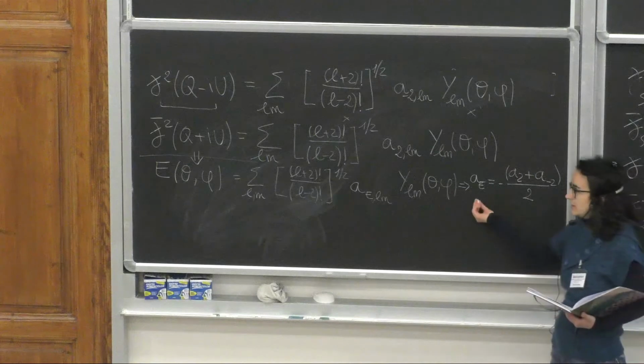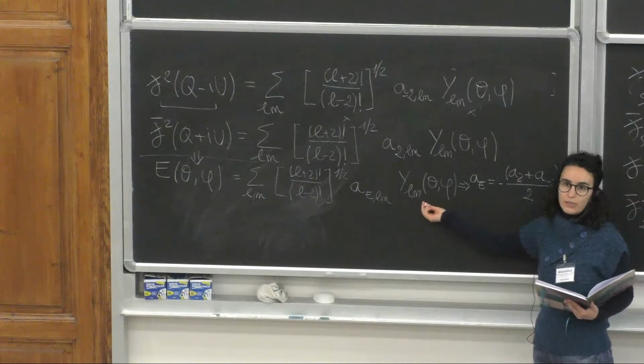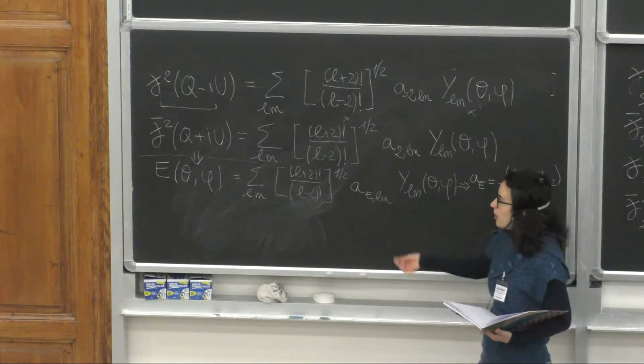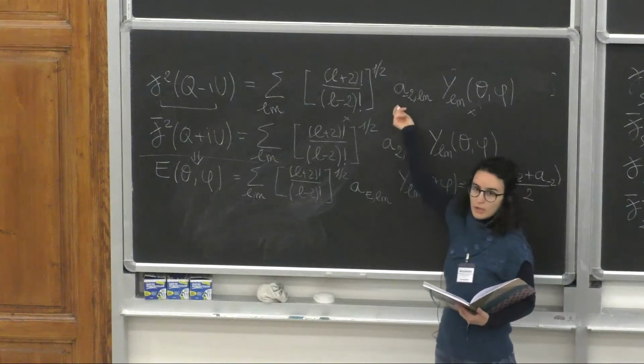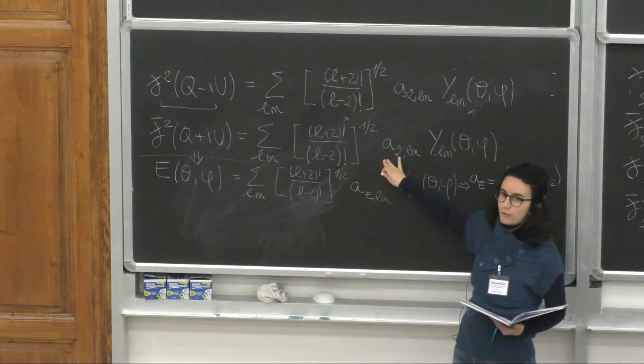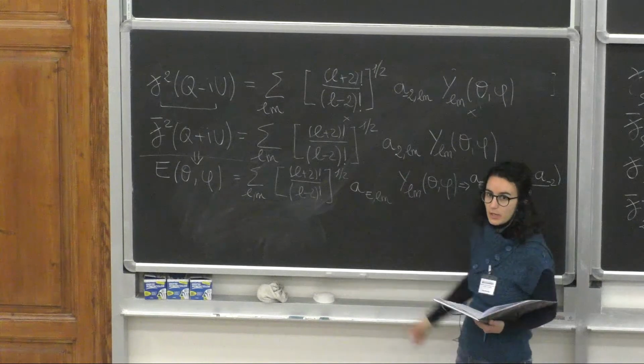So you see that the E mode, or the E scalar quantity, is basically obtained from the summation of these two old scalar quantities that we obtained from the spin raising and spin lowering operators.